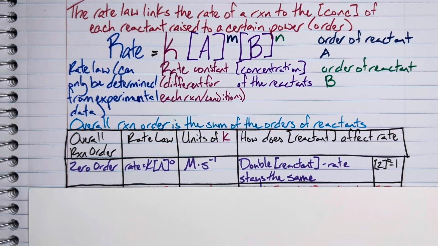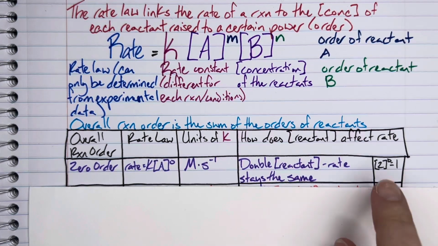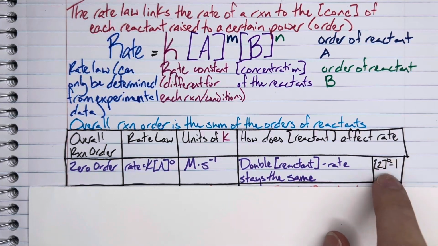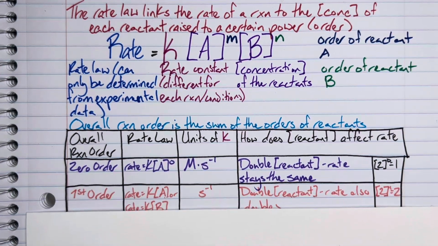The units for K are molarity per second. And if we doubled the concentration of the reactant, the rate stays exactly the same. So if I doubled the concentration, again, I'm raising it to 0. And so effectively, I am always going to be multiplying by 1.